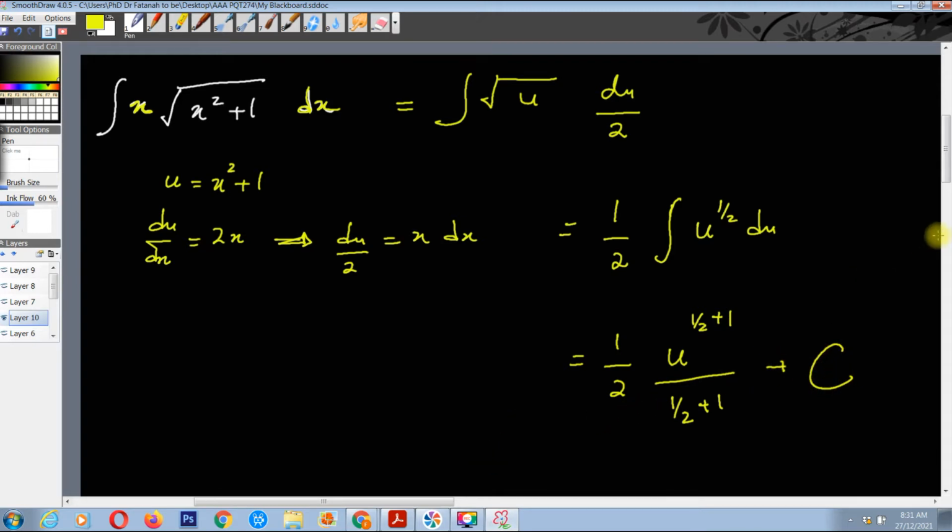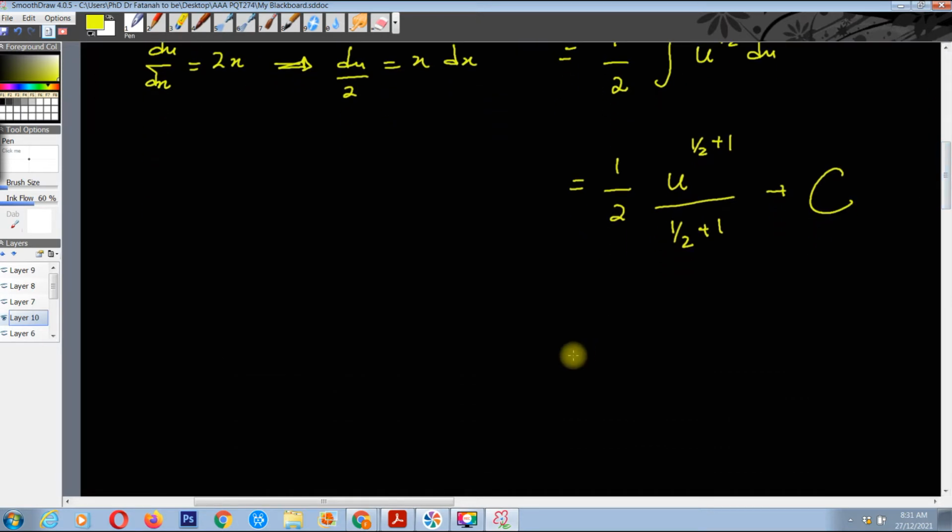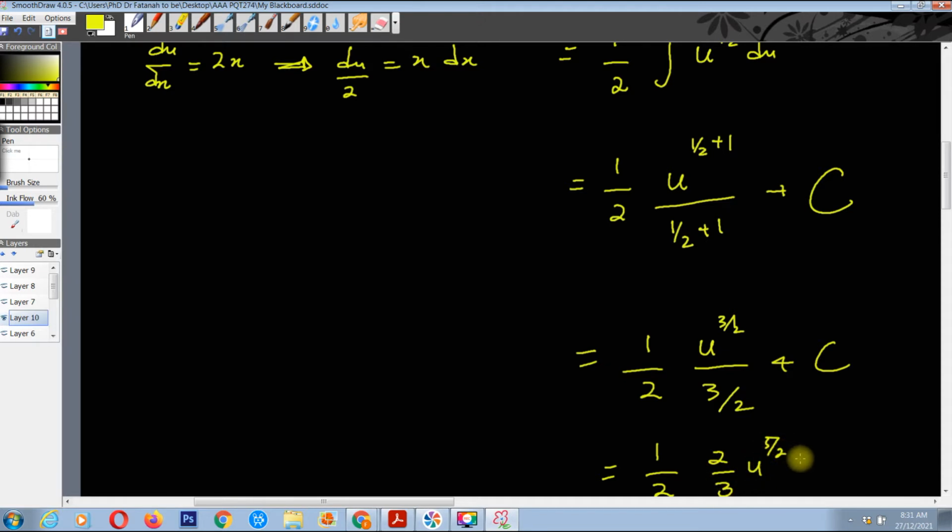That is substitution. So simplify here, so we have 1 over 2 u to the power of 3 over 2, over 3 over 2, plus c. So simplify again, so 2 over 3 u to the power of 3 over 2 plus c.